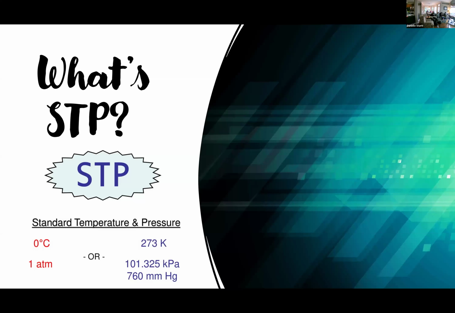It was like 22, 23 Celsius, which is roughly 70-ish Fahrenheit, which is room temperature, lab conditions, right? So with gases, we like to do it at 0 Celsius, which is 32 degrees Fahrenheit or 273 Kelvin.